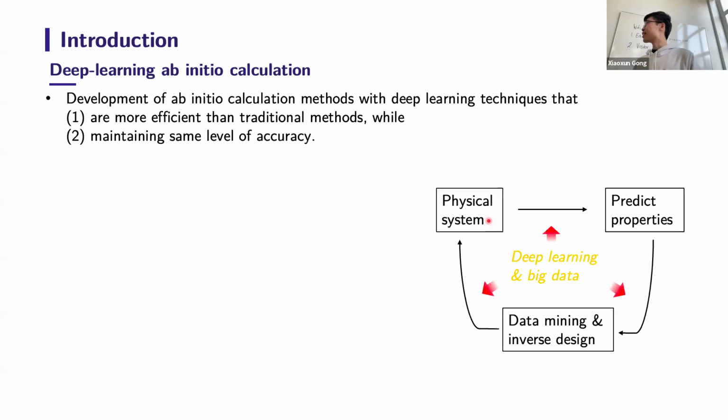So what is deep learning ab initio calculation? It is the development of ab initio calculation methods with deep learning techniques that have two defining characteristics. The first is that these deep learning methods are much more efficient than traditional methods, of course.